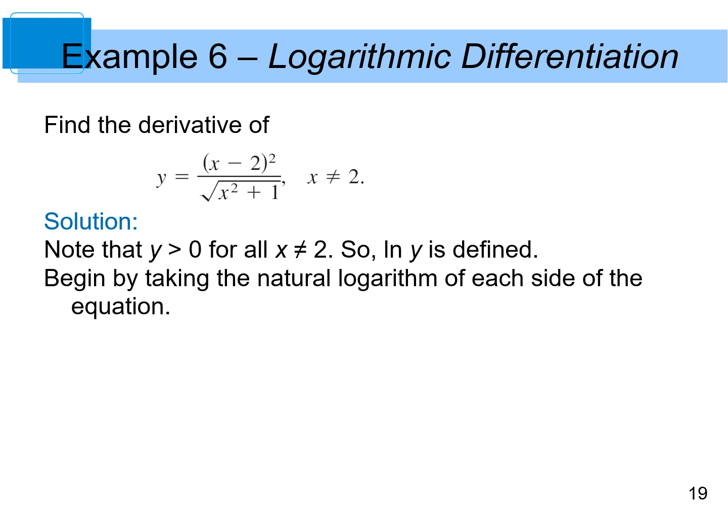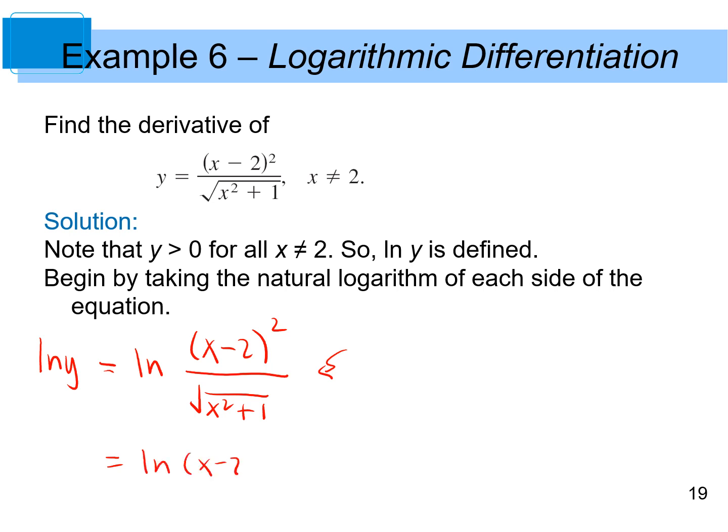So what we do is we take ln of both sides. So we write ln of y is equal to ln of (x − 2)^2 over the square root of x squared plus 1. Now, using the property of logarithms, we can expand this into ln of (x − 2)^2 minus ln of (x squared plus 1)^(1/2).